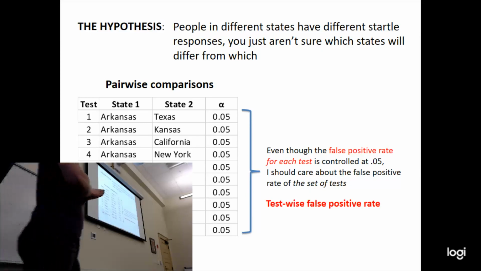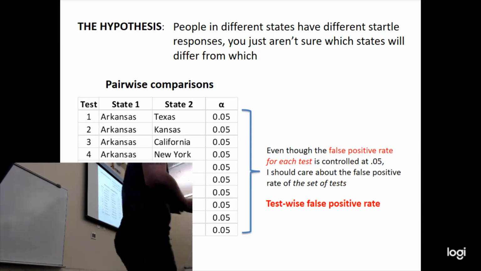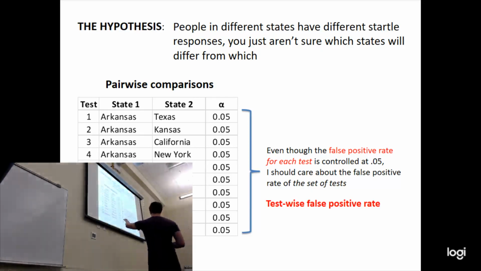There are some specific terms that you might see in papers or textbooks that apply to these concepts I was just talking about. The type 1 error rate as applied to a specific contrast or a specific test is often called the test-wise error rate. That is controlled just by setting alpha as we've always done when doing null hypothesis significance testing.